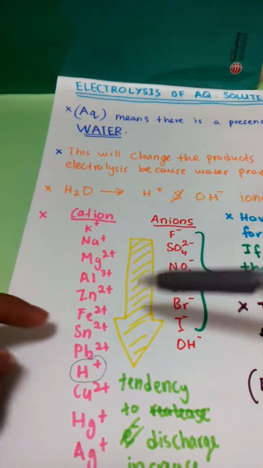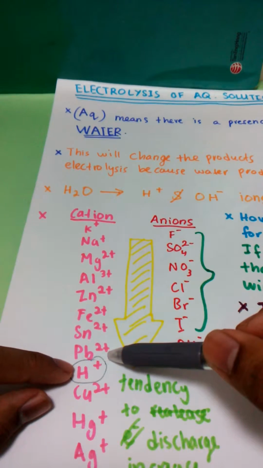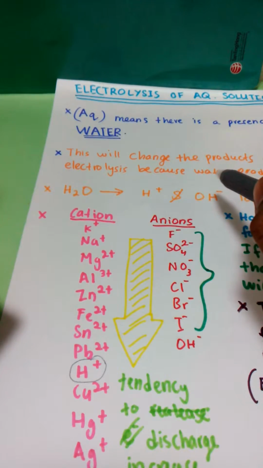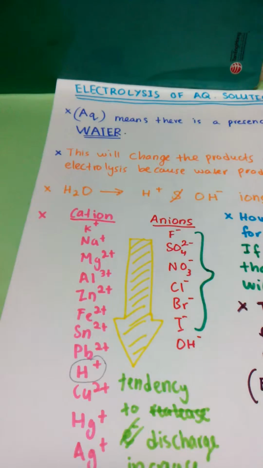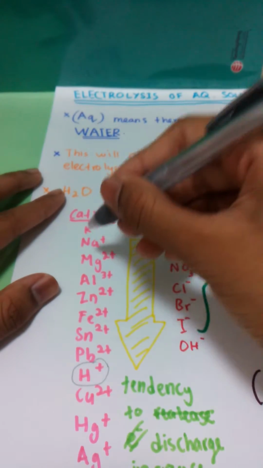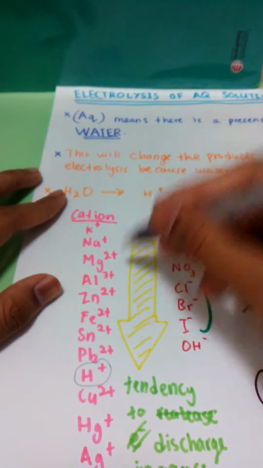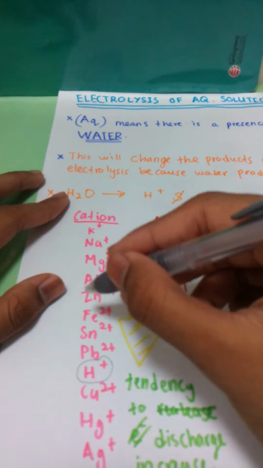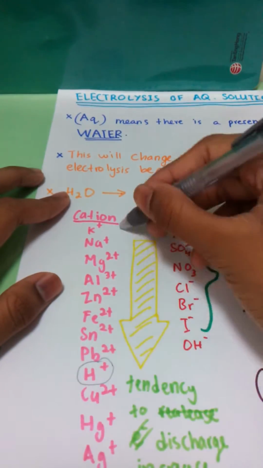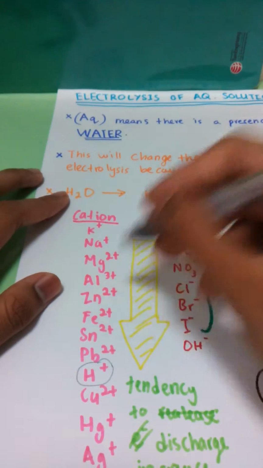Any metal above H plus will not be discharged. That's the key here. You must remember, any metal, so K plus, Na plus, Mg2 plus, Al3 plus, zinc 2 plus, iron 2 plus, tin 2 plus, lead 2 plus, all will not be discharged.